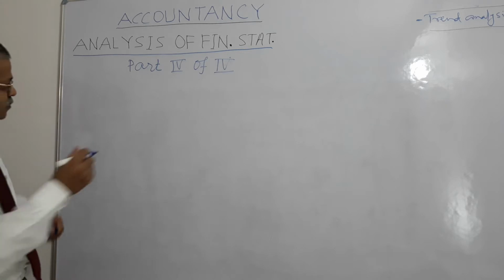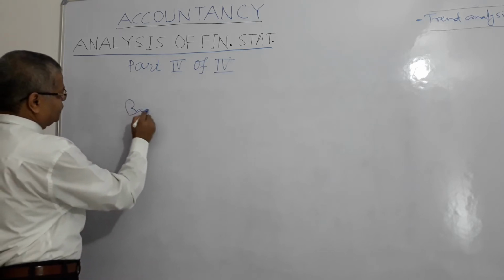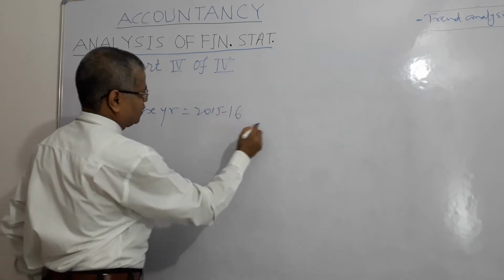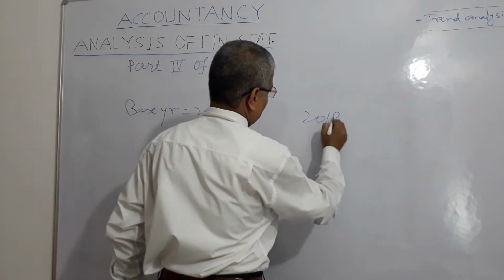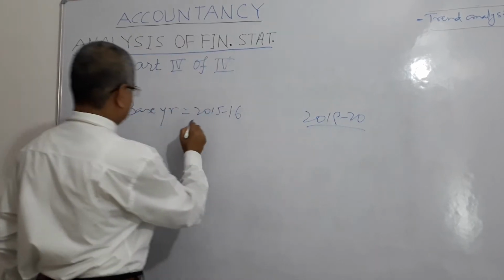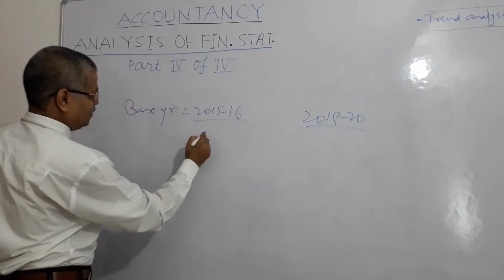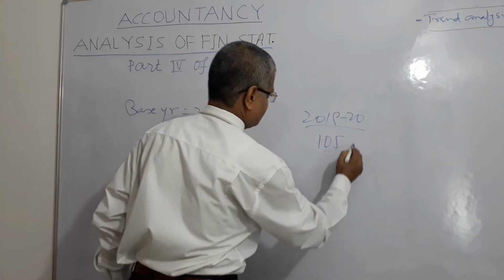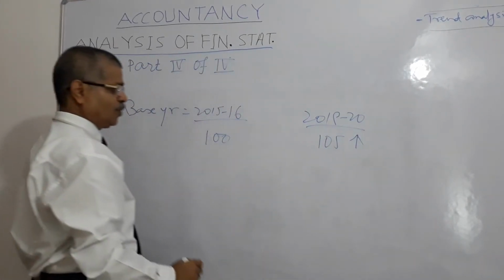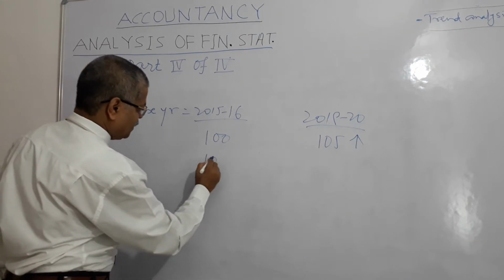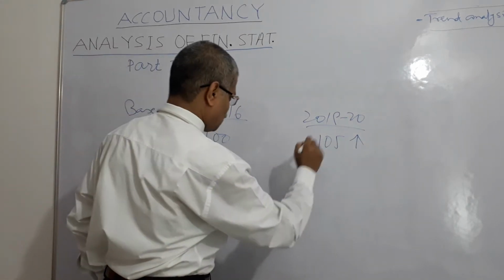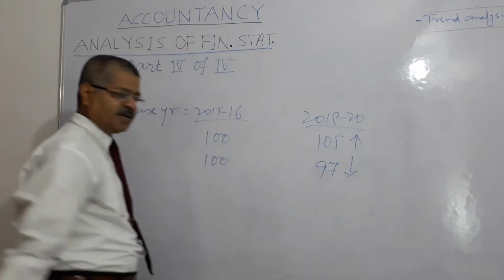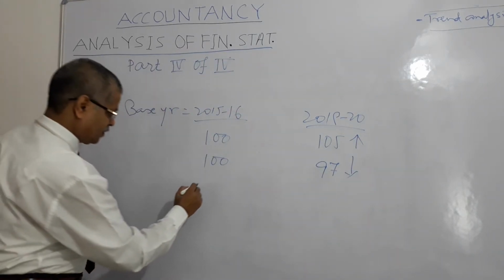Obviously the base year is 100, and if it is 105, the trend is upward going. And suppose it's not 105, it's 97, then the trend is downward sloping.